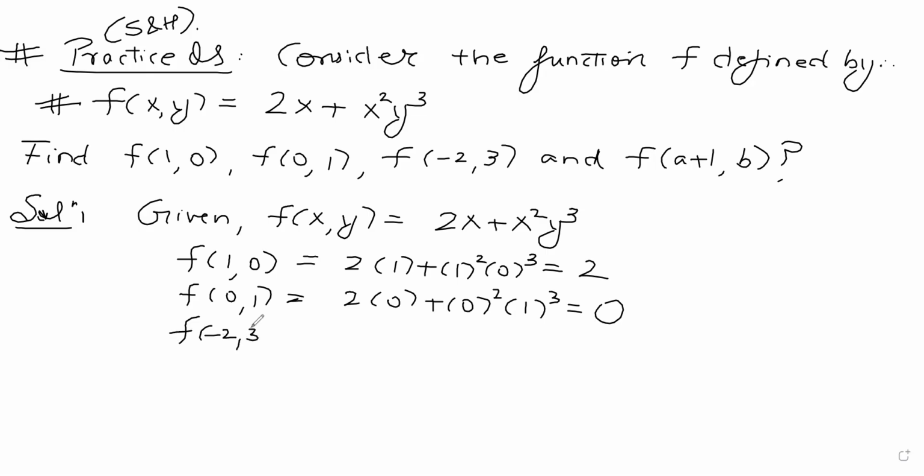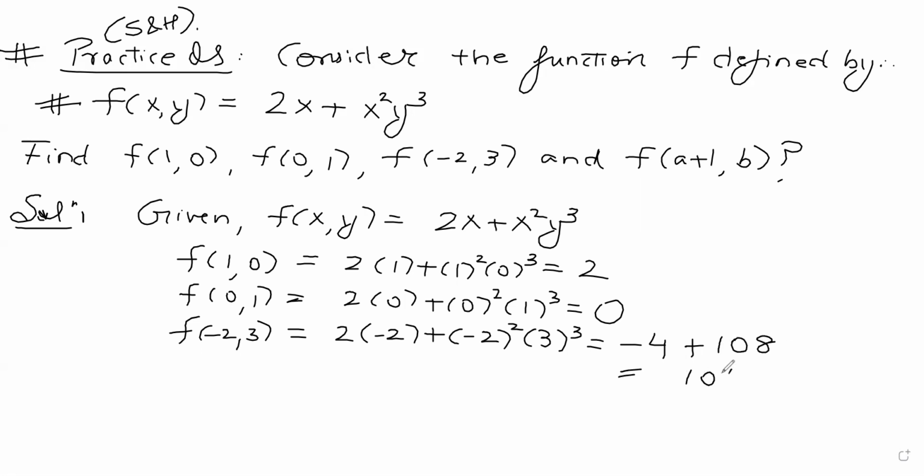F of minus 2 comma 3, likewise put x as minus 2 and put y as 3. This is minus 4 plus 4 into 27, which is 108. It comes out as 104.